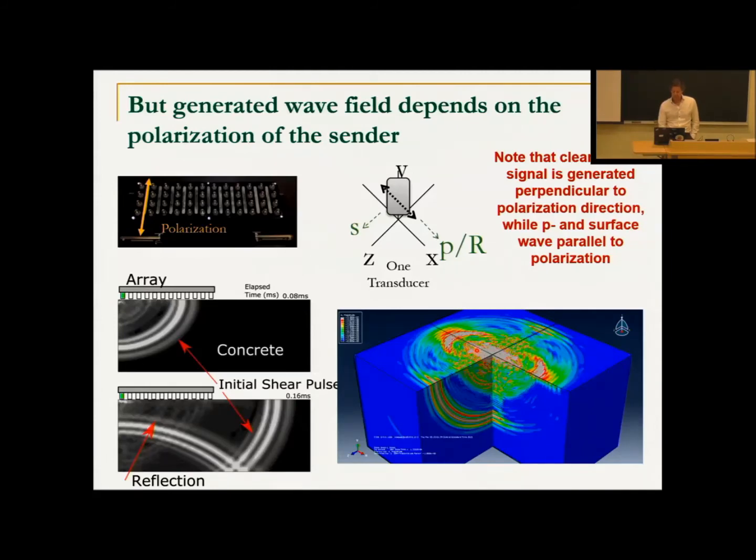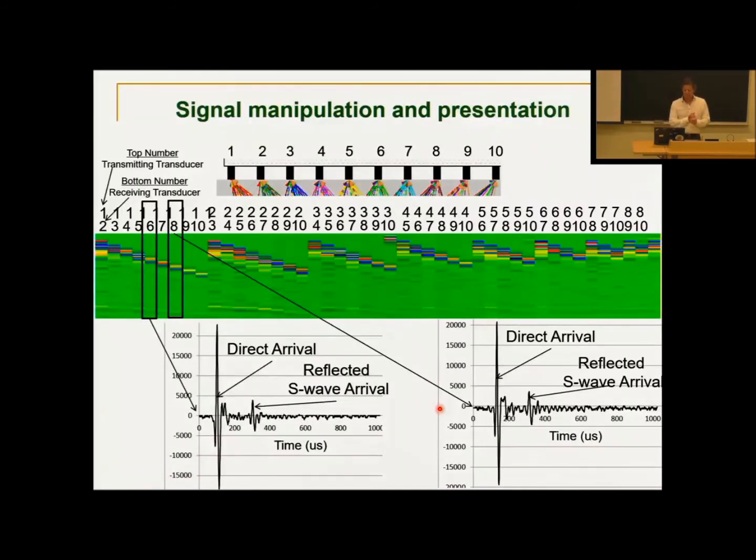But in the direction of the polarization, we don't have much shear wave energy at all, and in fact we have a lot of surface wave energy, which I'll talk more about later, what a surface wave is, right? So we have P waves, surface waves, and shear waves. So in some directions it's complicated, in other directions it's clean. So that's just something to remember, that we have sometimes complicated wave modes that are generated.